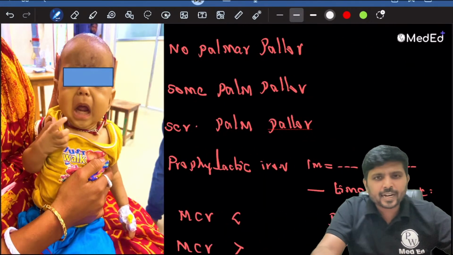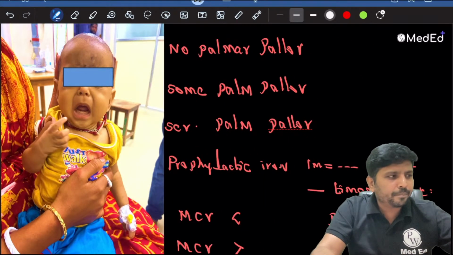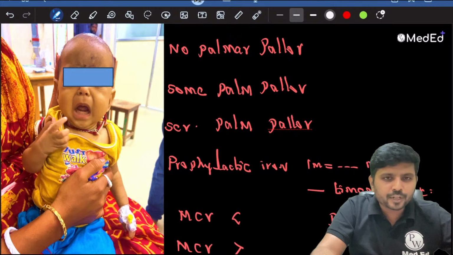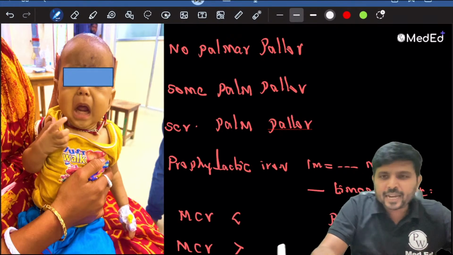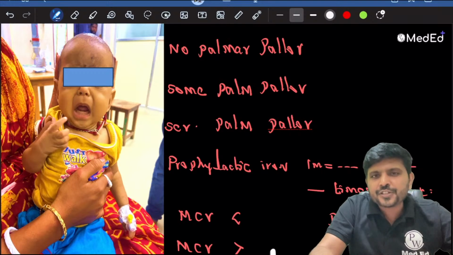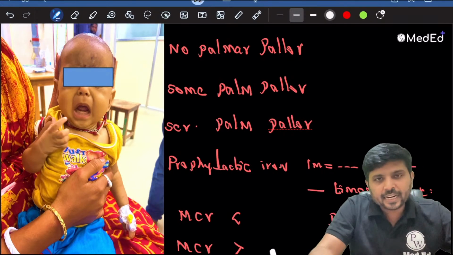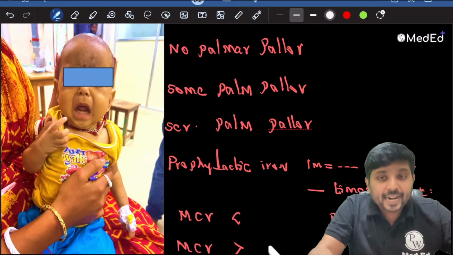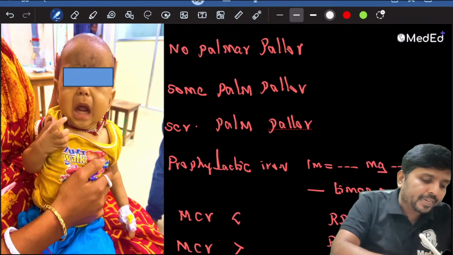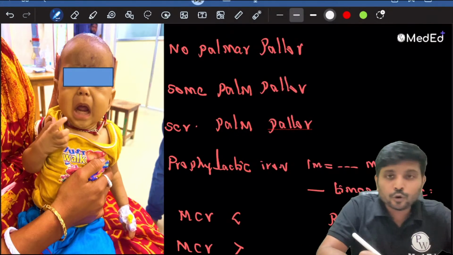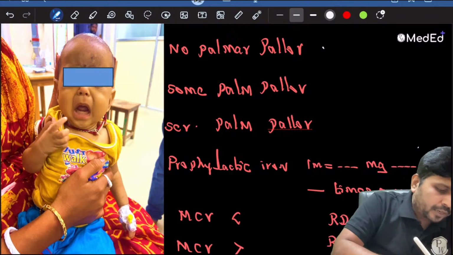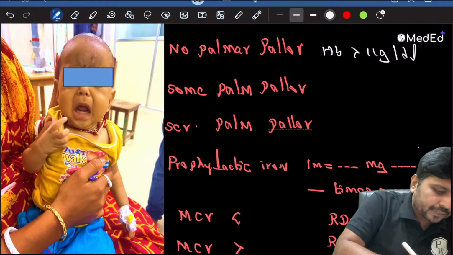What is this? The child is very pale. Paleness means iron deficiency anemia. Based on IMNCI guidelines, iron deficiency anemia can be picked up by three means. No palmar pallor means hemoglobin more than 11 grams per deciliter.